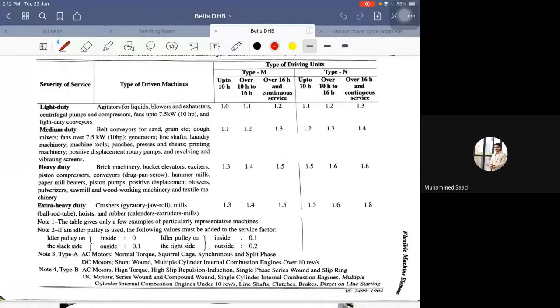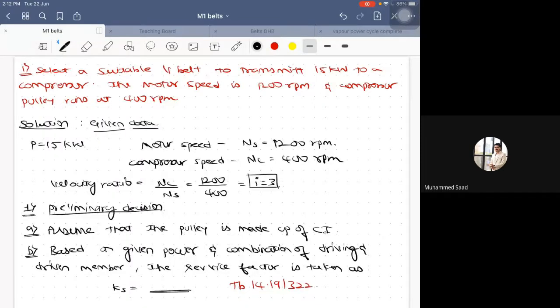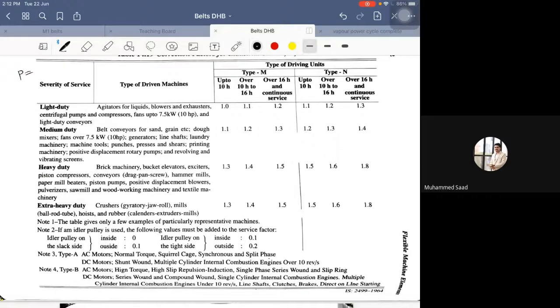Power is given. So how much is the value of power? 15 kilowatts.